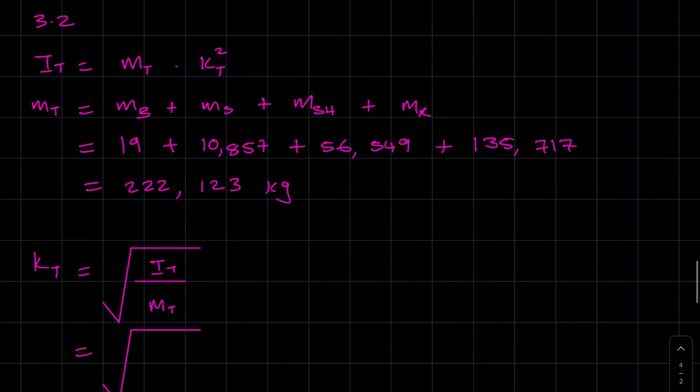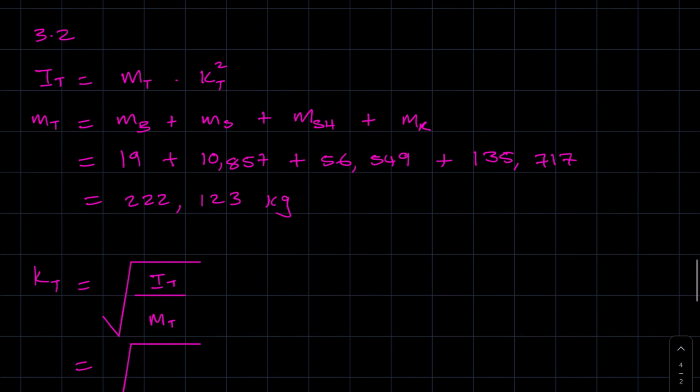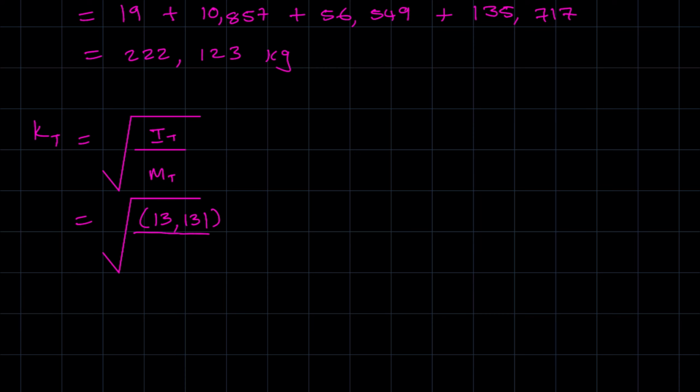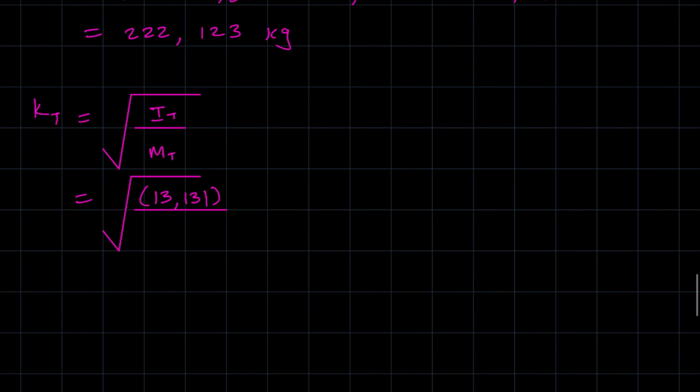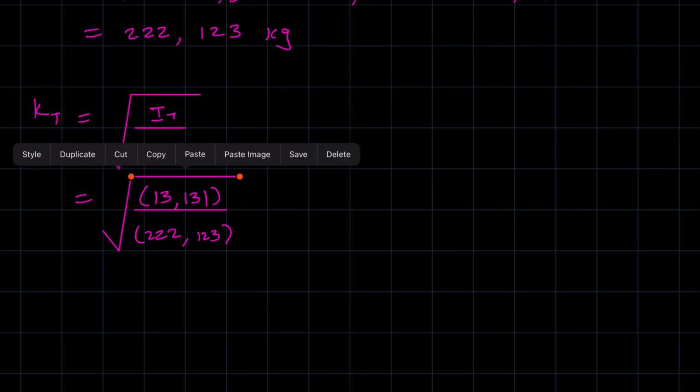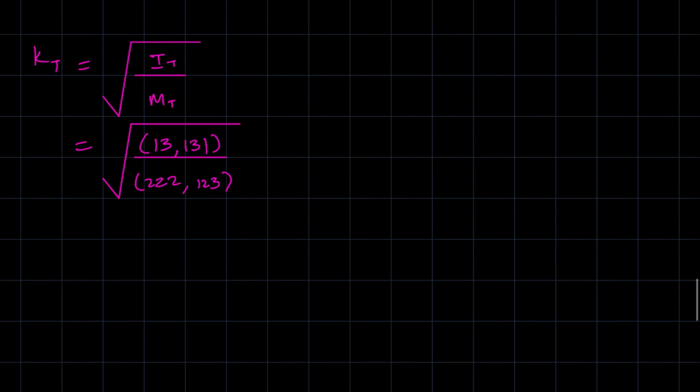So I total is 13,131, divided by the mass total. Mass total is 222,123.